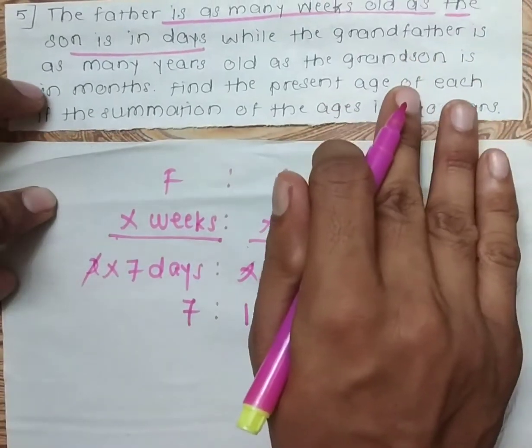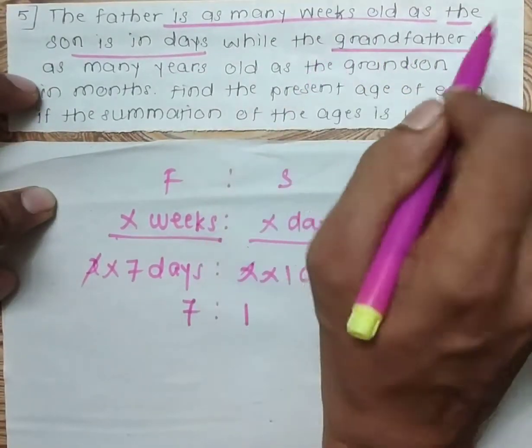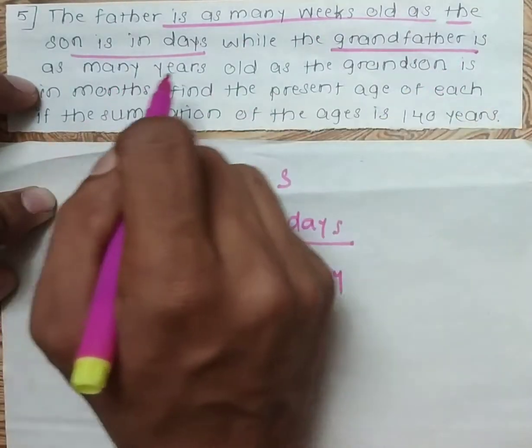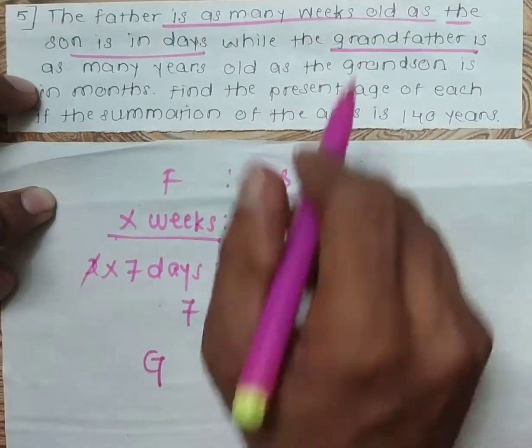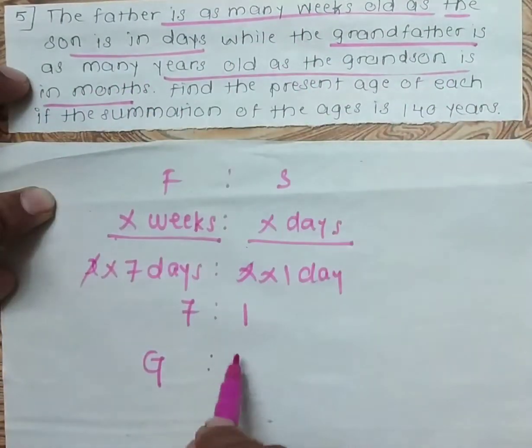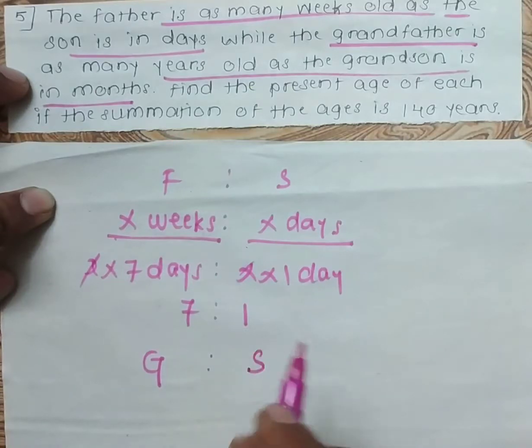So the next part of the question is, now the grandfather is included. The grandfather is as many years old as the grandson is in months.